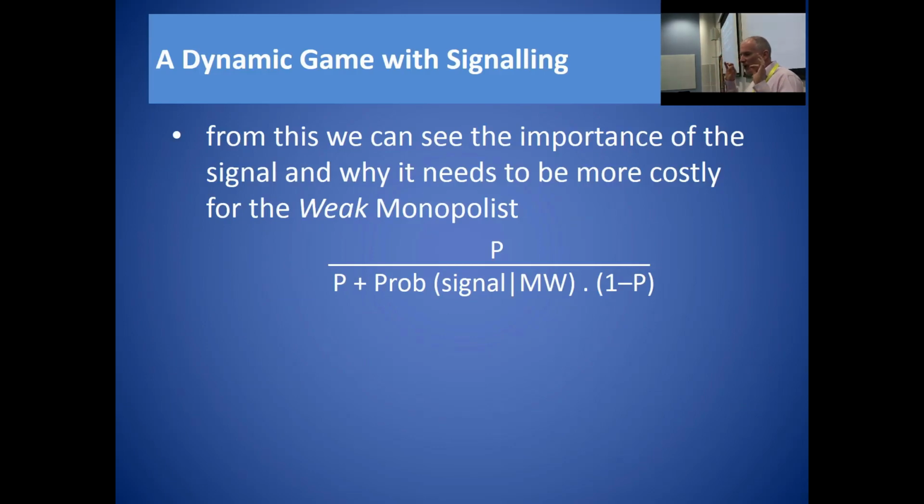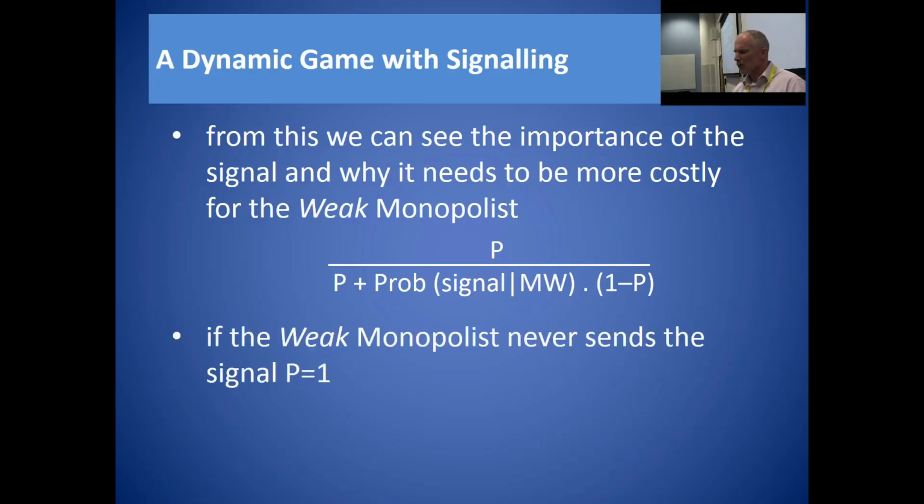And from this, we can now see why it's important that the cost of this signal is different between the weak and strong monopolists. This is what it all boils down to. So let's think, let's take two extremes. What would happen if the weak monopolist never ever sent a signal? I want you to think about this intuitively, not just by looking at the equation.